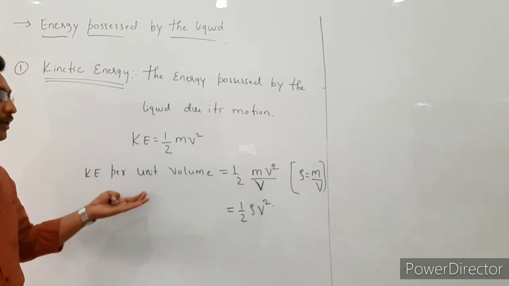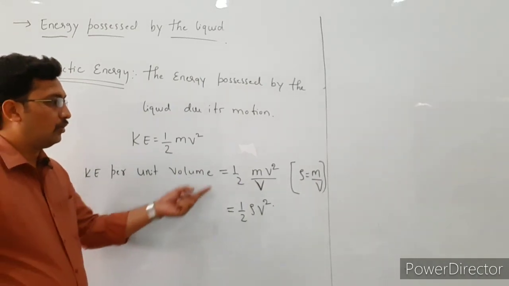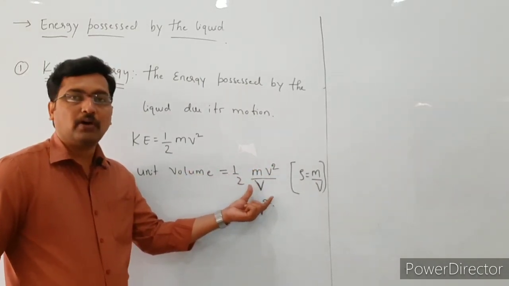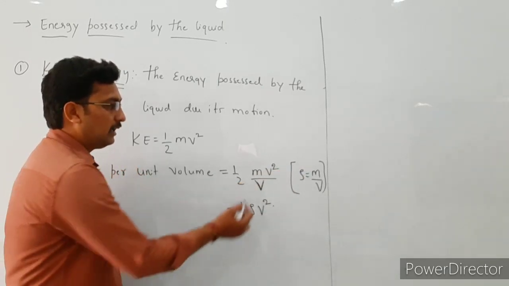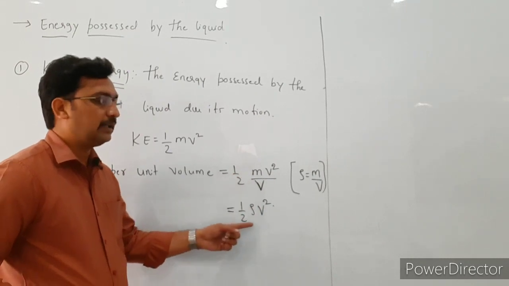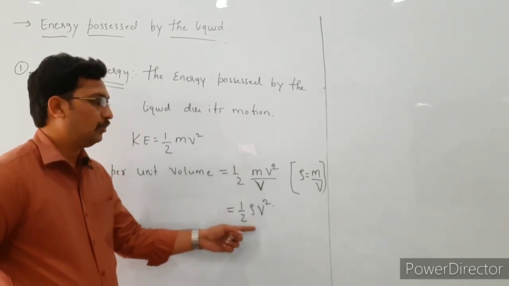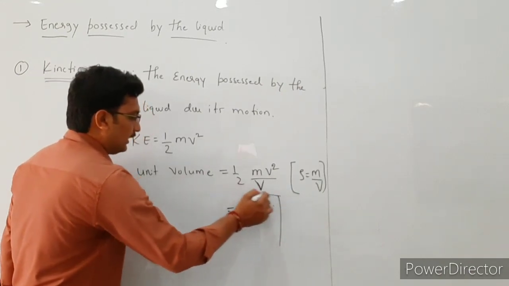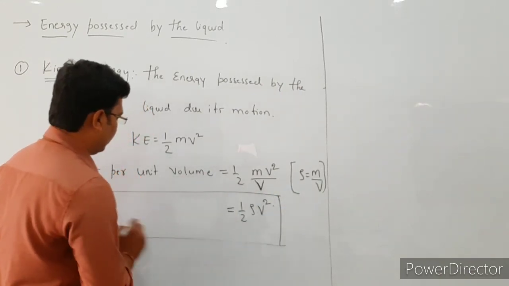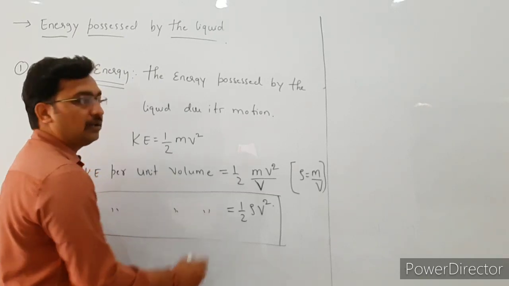Then the kinetic energy per unit volume is 1 by 2 m v square divided by volume. From the definition of density, mass per unit volume is replaced by the density, that is 1 by 2 rho v square. So this expression is the kinetic energy per unit volume.